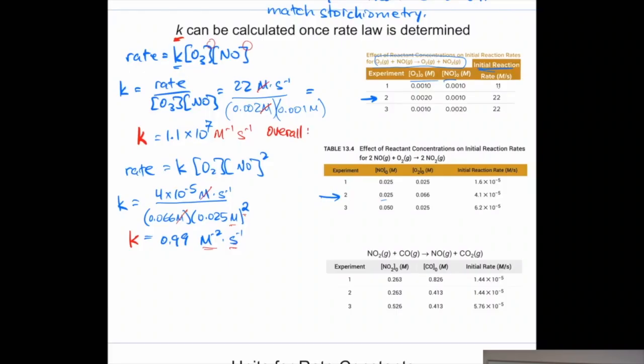So overall, this is second order. Overall, this one, what's the order of this reaction? Third order. And notice that the units have changed. The only reason the units change is because the units of rate are always going to be molar per second. Always.